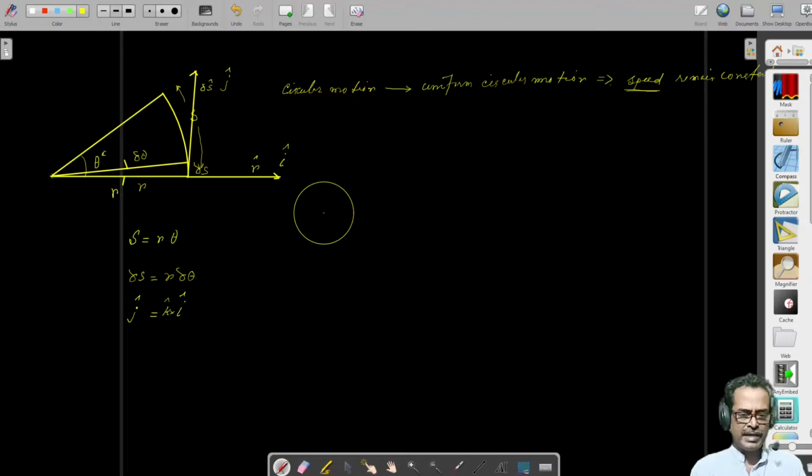Therefore, the direction of theta comes first and the direction of R comes second. So we can say that del S is equal to del theta cross R. Clear?